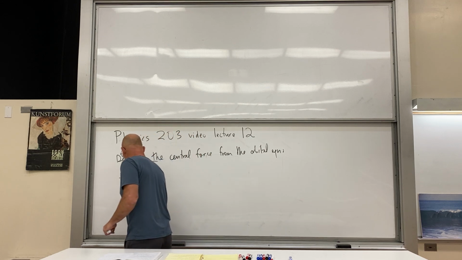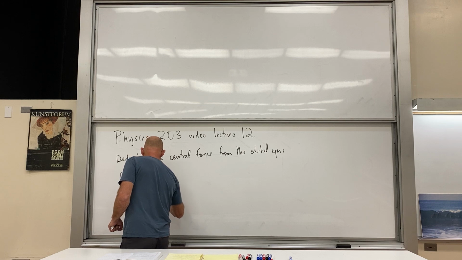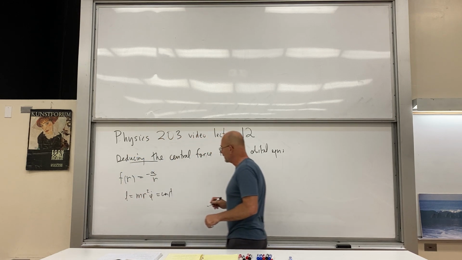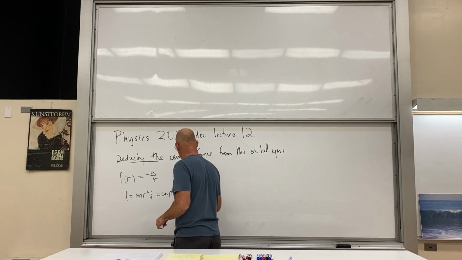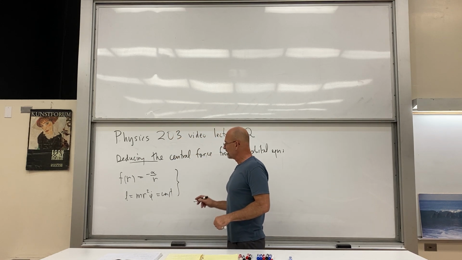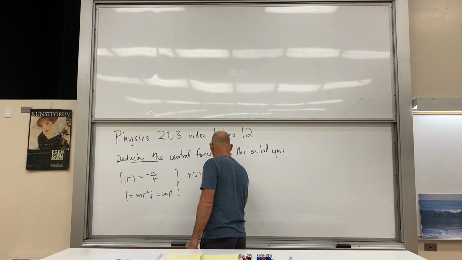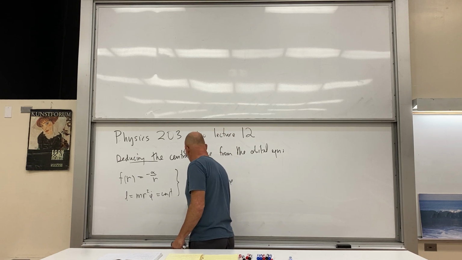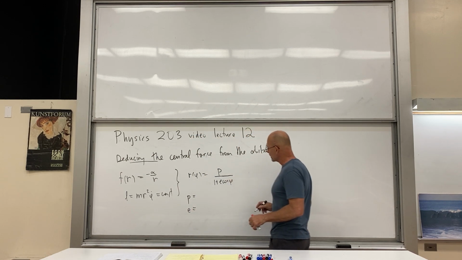We have L equal to m r squared phi dot is constant, and conservation of energy and the basic formalism gave us r of phi equal to p over 1 plus e cos phi. Parameter and eccentricity we know; they're constants.